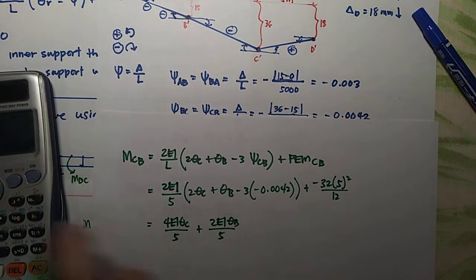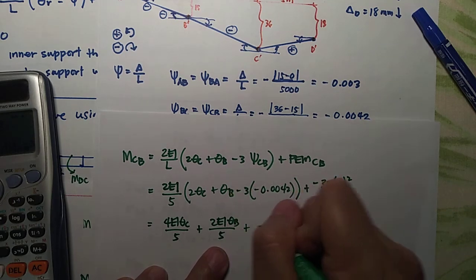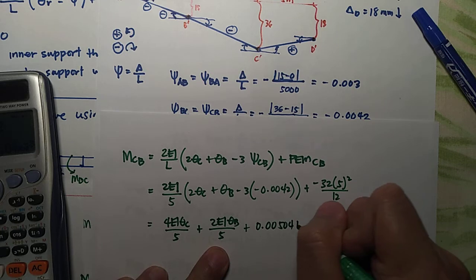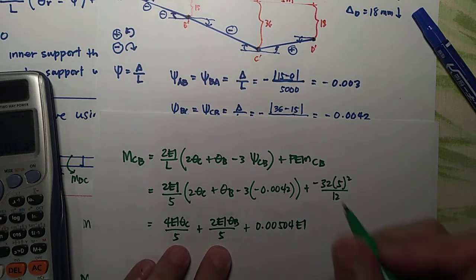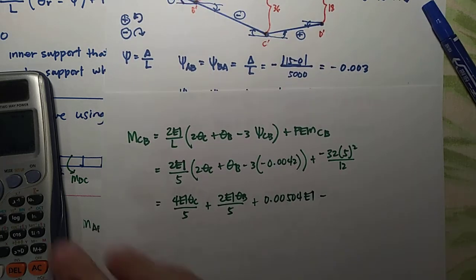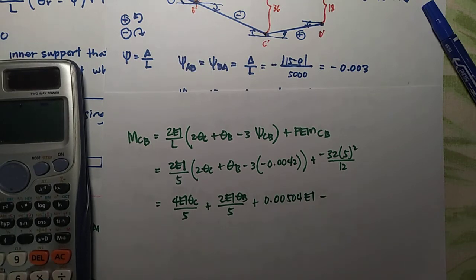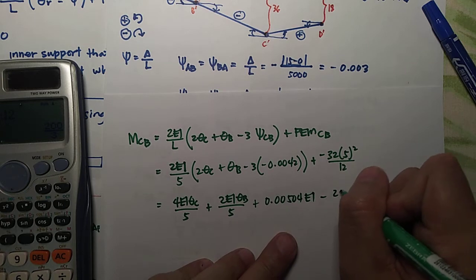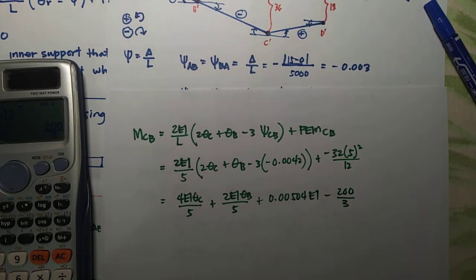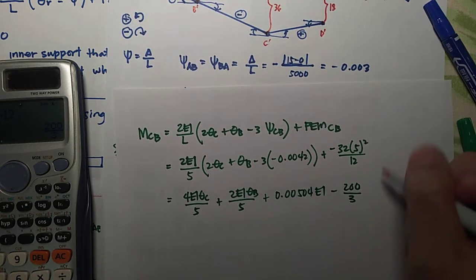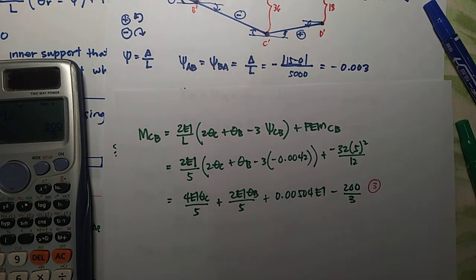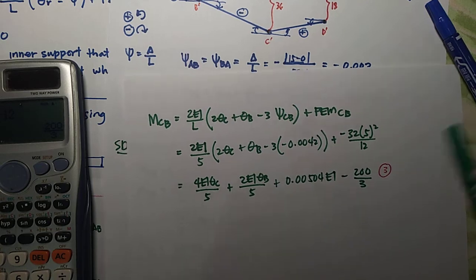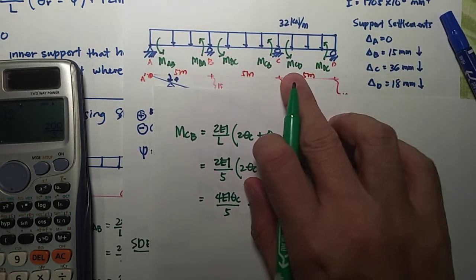So that is, negative is positive, 0.00504 EI. Then, minus this one is 32 times 25 over 12 is 200 over 3. So that would be our third equation. Yan, MCB. Okay, next. How about for member CD?